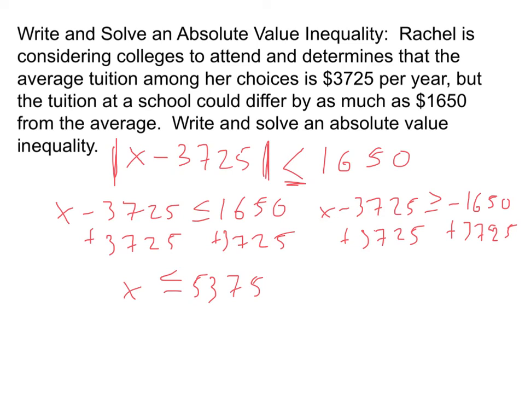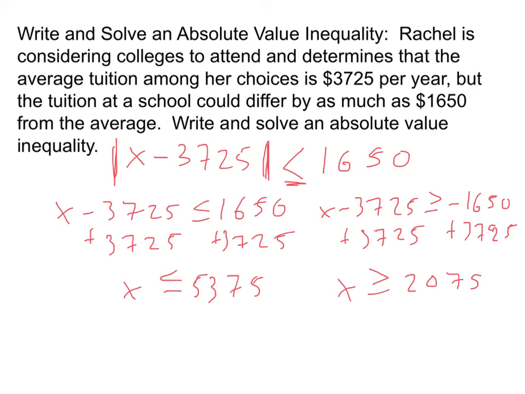And on the other one, if I subtracted those, let's see, what would I get? X is greater than or equal to 20.75. Yes, 20.75. Okay, so that would be your range.